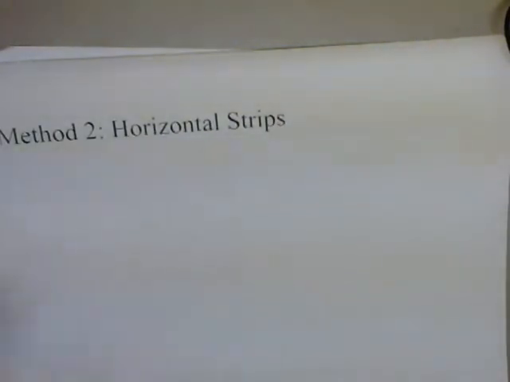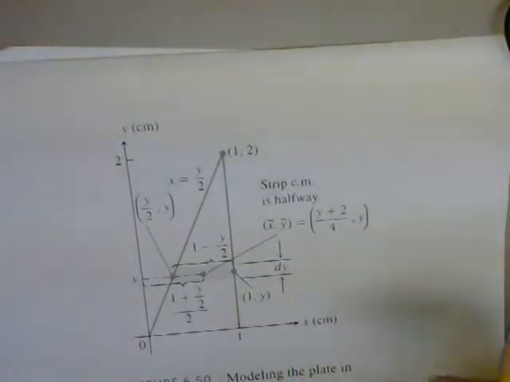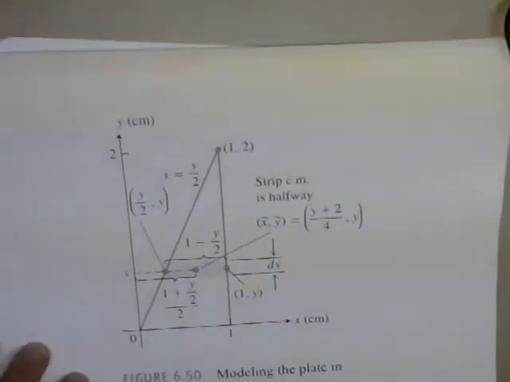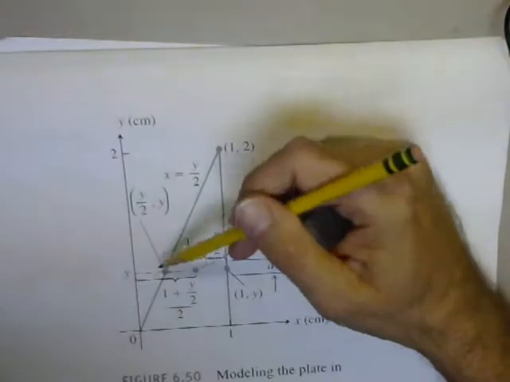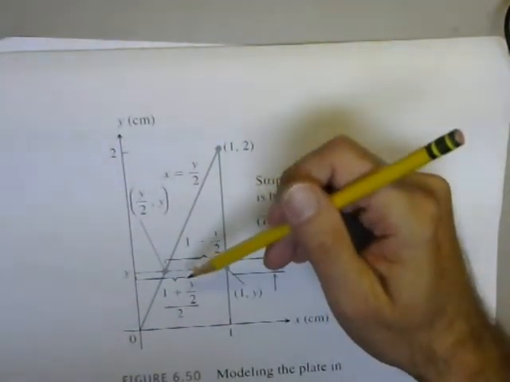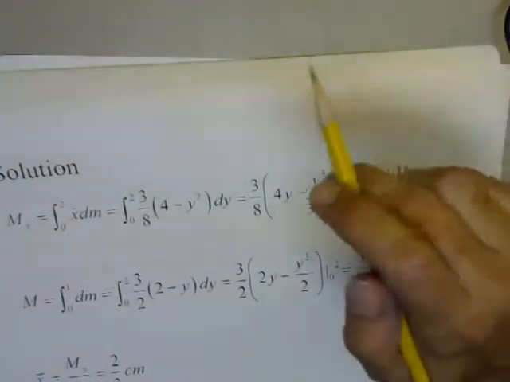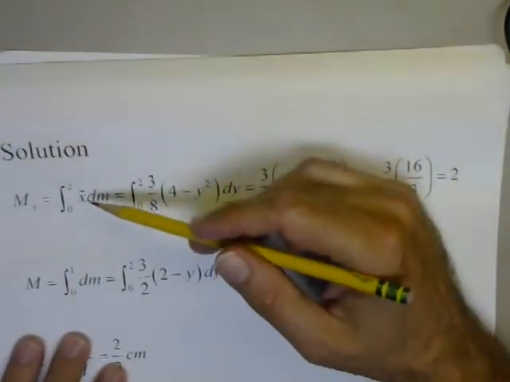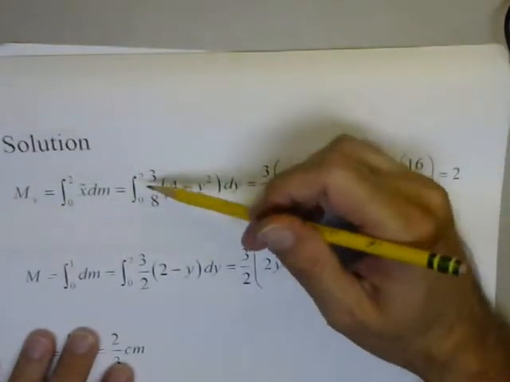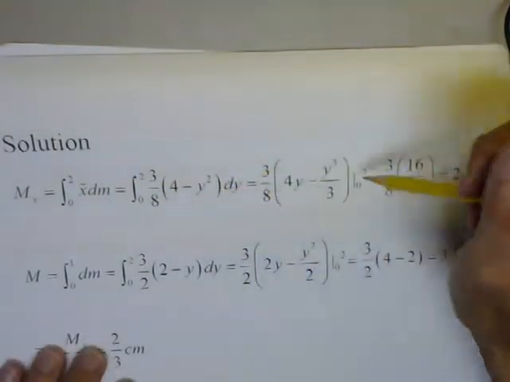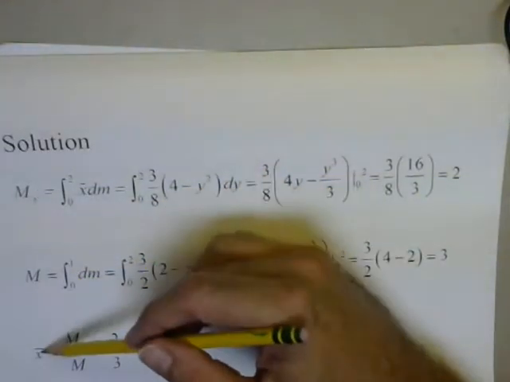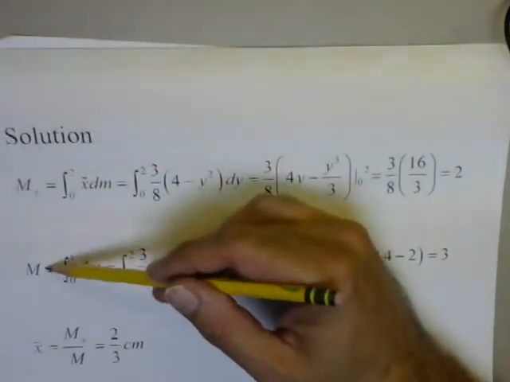Now, again, you could do this using horizontal strips also if you want. So in this case, we could make the strips go this way. If you do that, again, we want to calculate the same thing. Now, in this case, the equation would be given by this. We're still calculating x bar, so we need m sub y and m.